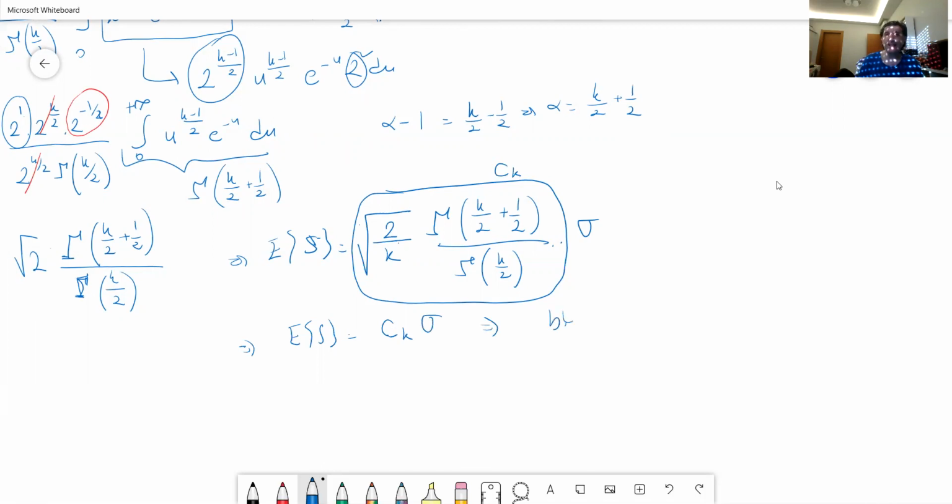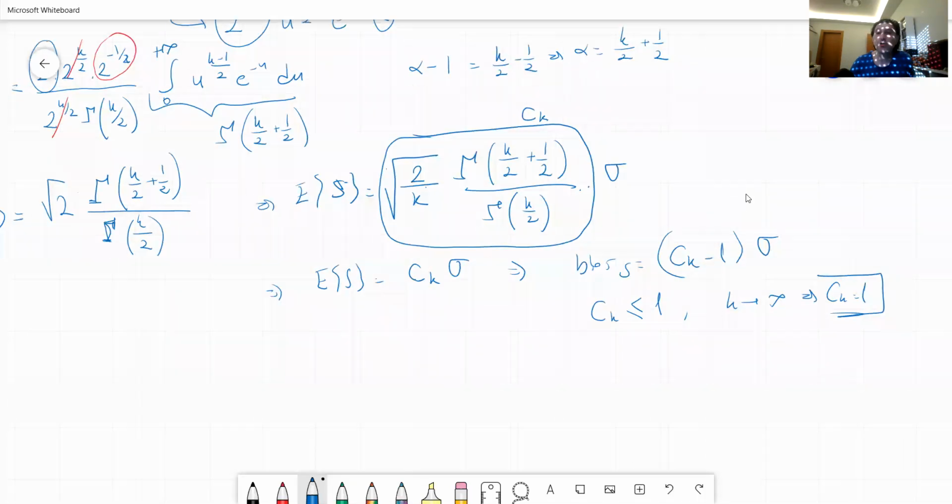So the bias of s is going to be equal to the expected value minus the true value here. And this c_k is going to be smaller than or equal to 1. Only as k goes to infinity, we have c_k equal to 1, and in this case bias goes to 0.